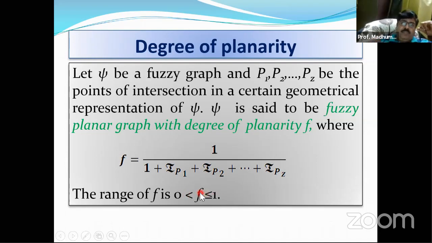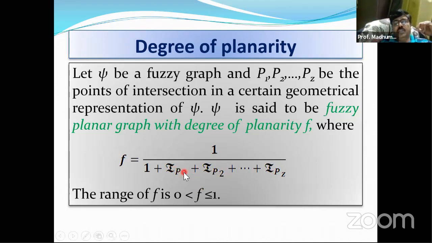If F tends to 0, then its degree of planarity is reduced. And if it goes to 1, then its degree of planarity will increase. It will be exactly 1 if IP1 equals 0, IP2 equals 0, and so on.